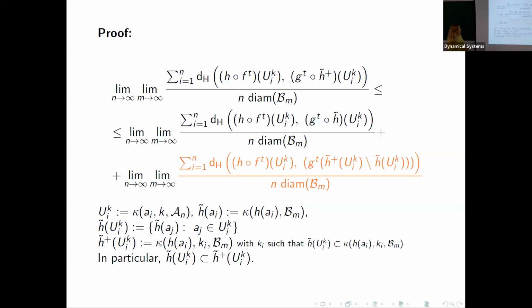So we split it into two sums, because this set is contained in this, and this converges to zero based on the previous theorem, and we want to deal only with this part.